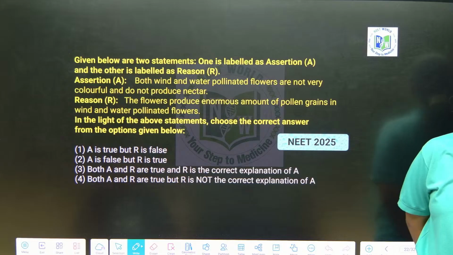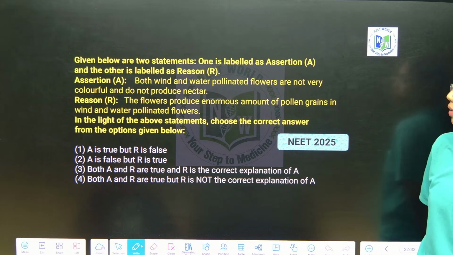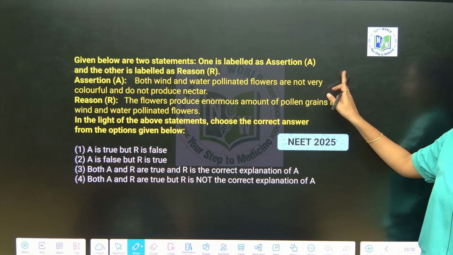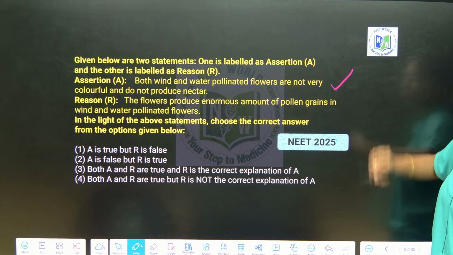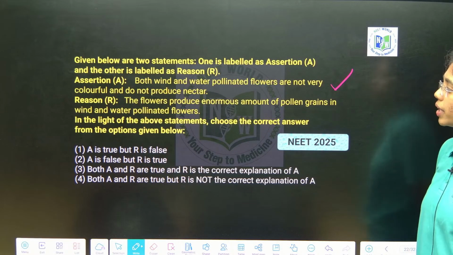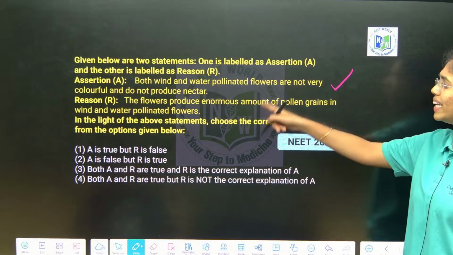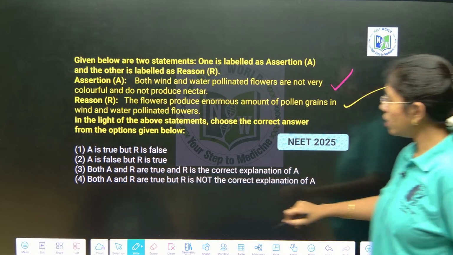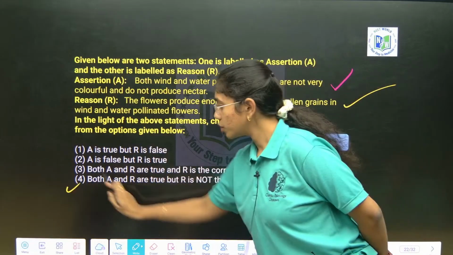What is your answer? Both water and wind pollinated flowers are not very colorful because they do not produce any nectar. They are nectarless. So this is correct. The flowers produce enormous amount of pollen grains in wind and water pollinated flowers. There is no link. Okay, but 2 points are correct. What is the right answer here? 4. Good.